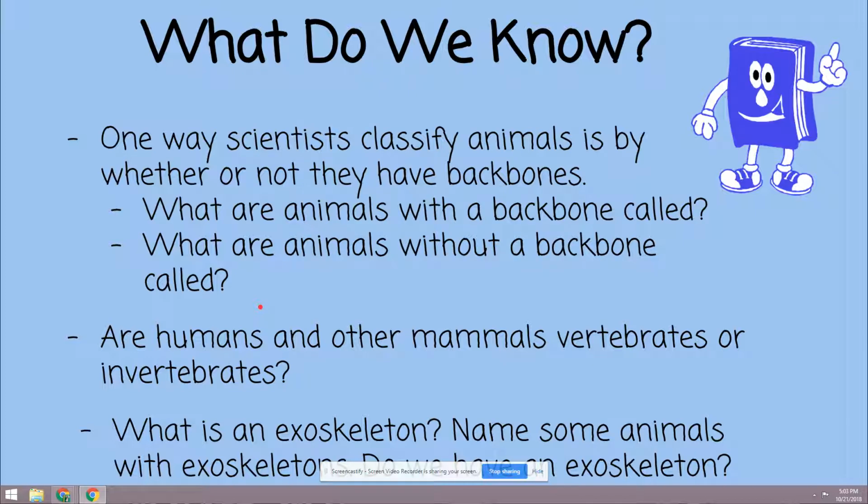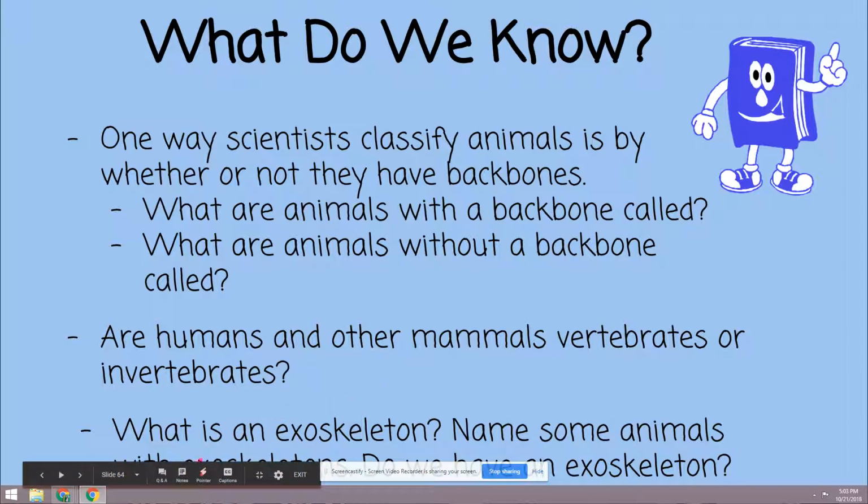So humans and other mammals, are we vertebrates or are we invertebrates? I hope you said we're vertebrates, because if you reach to your back, you can feel you do have a spine, you have a backbone, you have an internal skeleton that gives your body shape, so we are considered vertebrates.